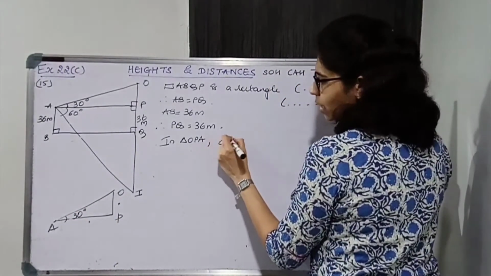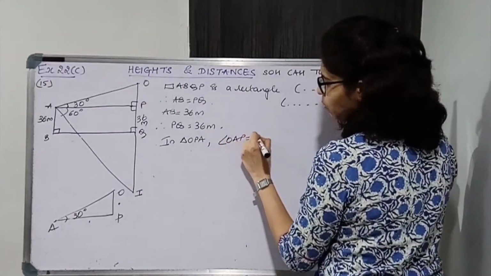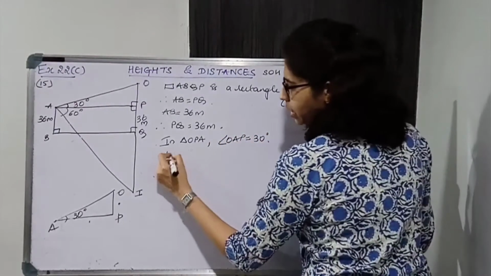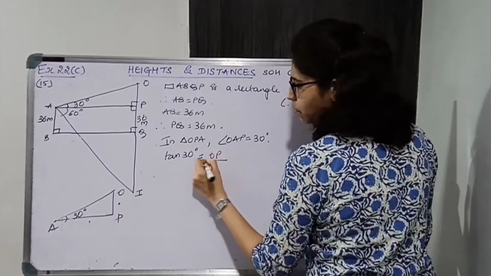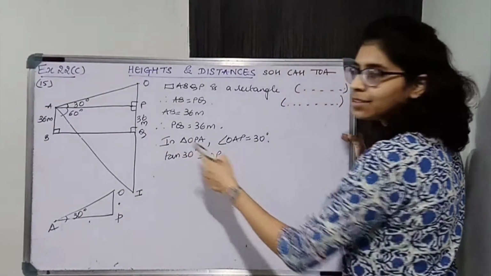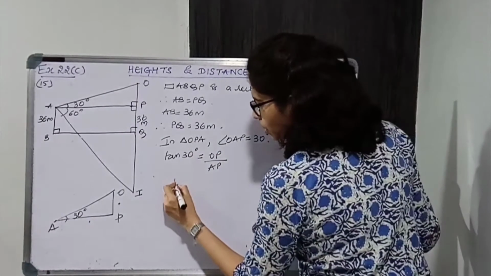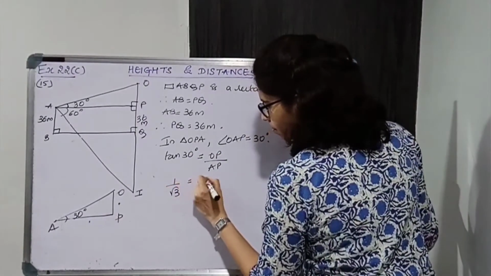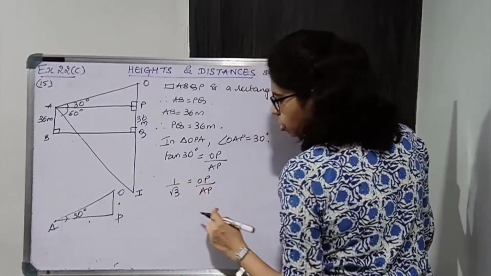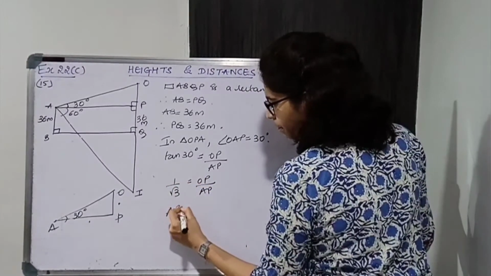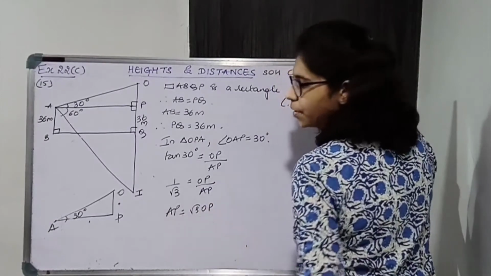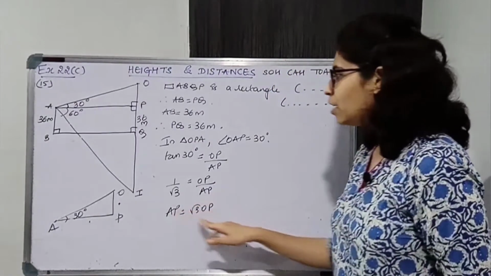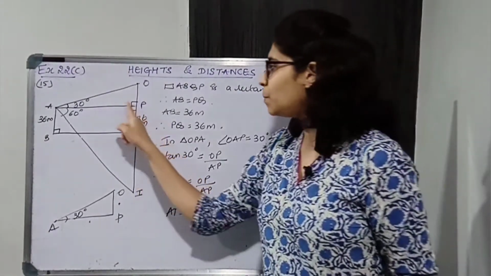So first write down angle OAP is equal to 30 degrees. Now tan 30 is equal to opposite, that is OP upon AP. Tan 30 from the standard value table is 1 upon root 3. Cross multiply: AP into 1 is AP, root 3 into OP, root 3 OP. This is important.